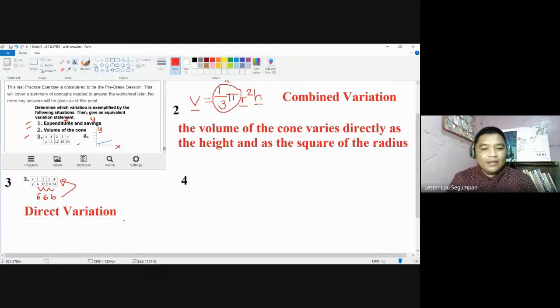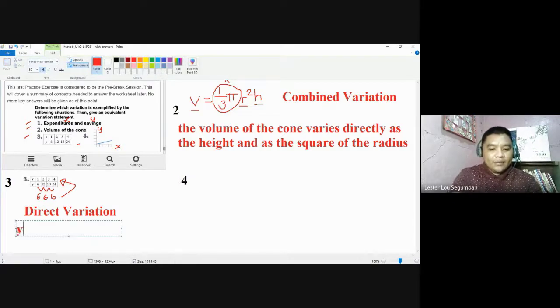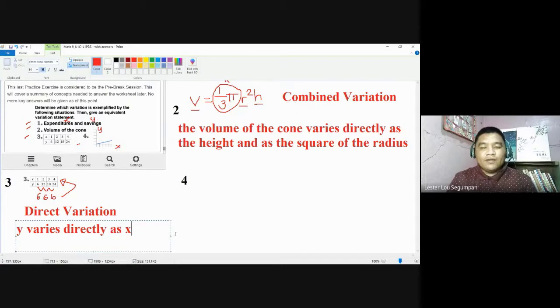After that, we can simply write the variation statement using only x and y. We can say that y varies directly as x. This is one possible statement for direct variation, or you can also say y is directly proportional to x.